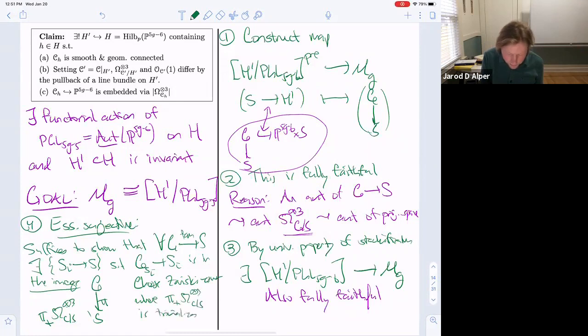You just use a trivialization of the vector bundle that gives you maps into honest projective space, and therefore corresponds to an element of the Hilbert scheme. Wow. Okay, that took longer than I thought, but I'm going to end here and stop the recording.